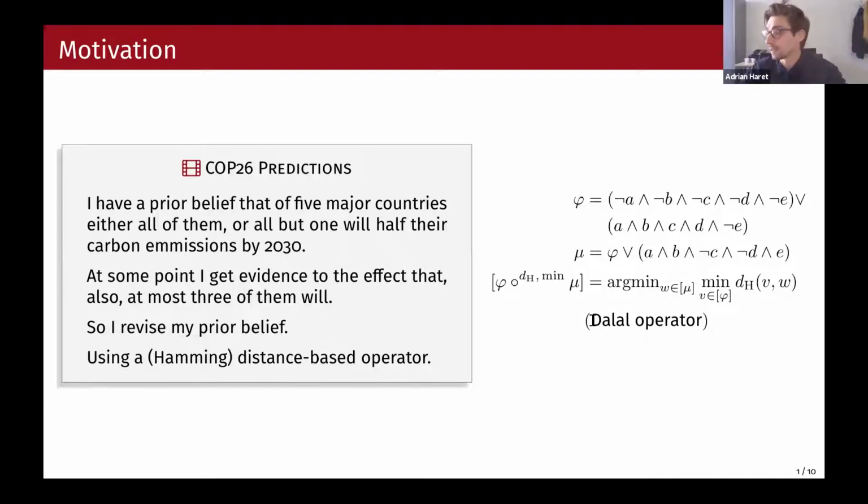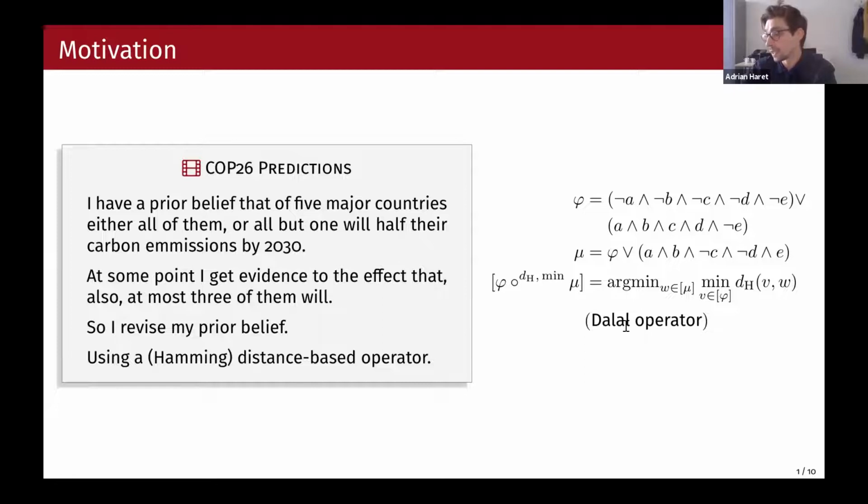For instance, the Dalal operator, which, as we know, looks at all the models of my prior belief, phi, and so chooses the models of mu, the new information, that are closest to any model of phi, and then it chooses those models of mu overall that minimize this overall distance to the models of my prior belief.